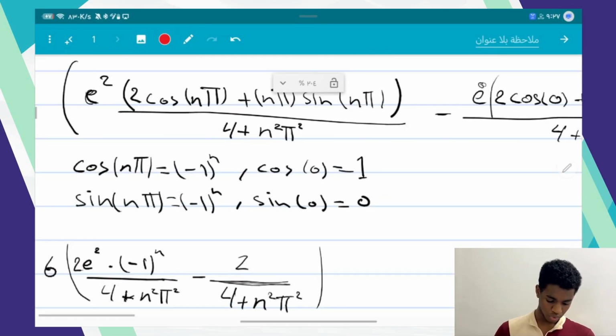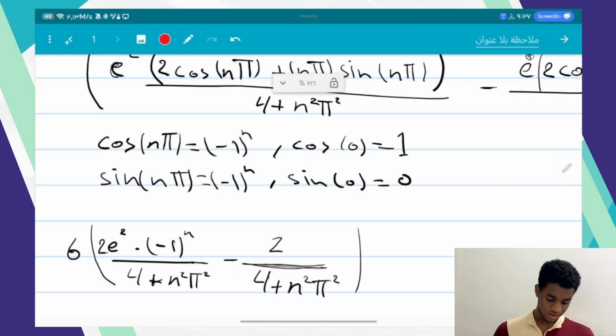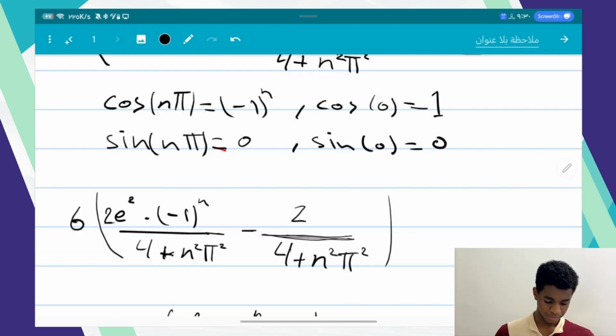We already know cos(nπ) is equal to (-1) to the power of n, and cos 0 is equal to 1. Oh, sorry, sin(nπ) is equal to 0, and sin 0 is equal to 0.